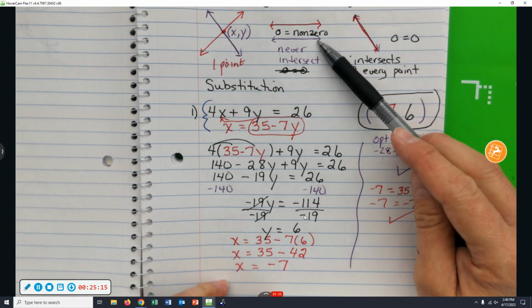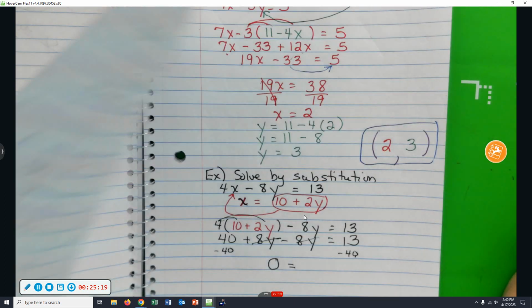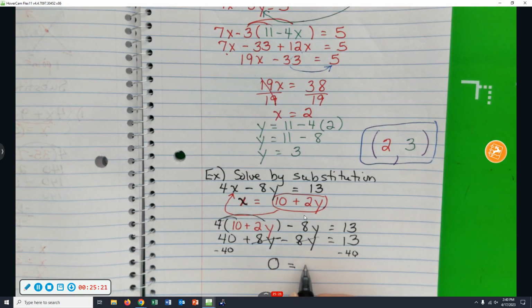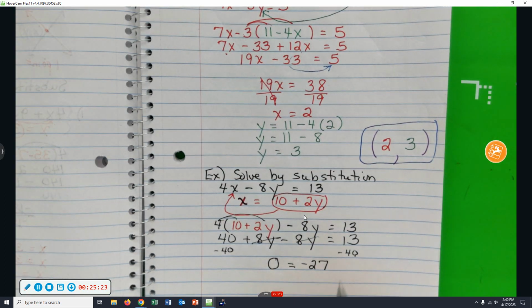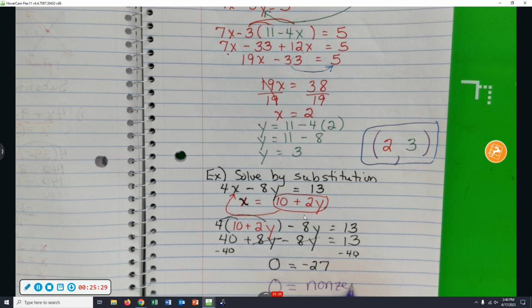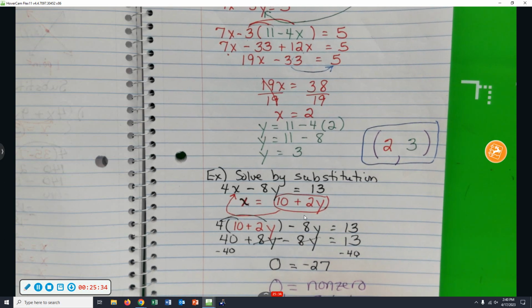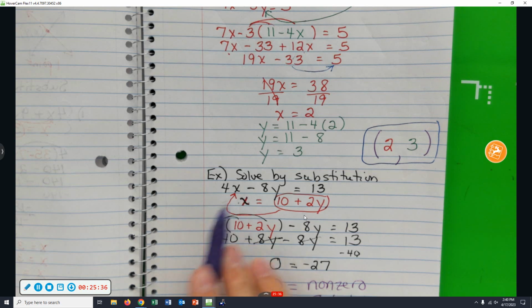If it's some non-zero number, then it never intersects, and there's no solution. Negative 27. So we have 0 equals non-zero, no solution. The two lines that I wrote here are parallel.